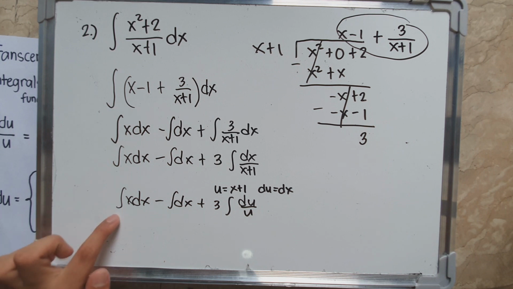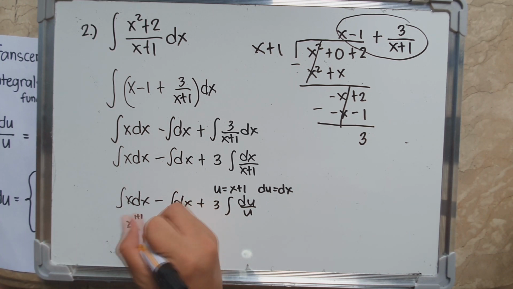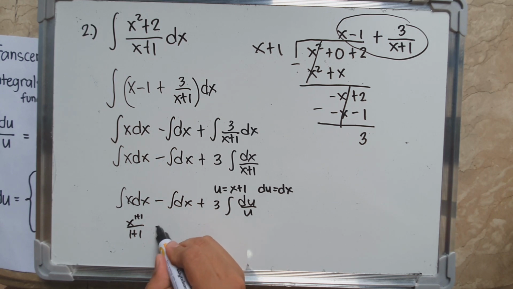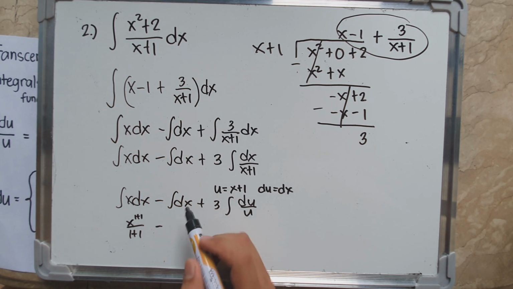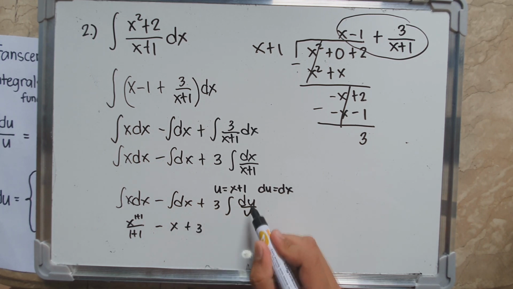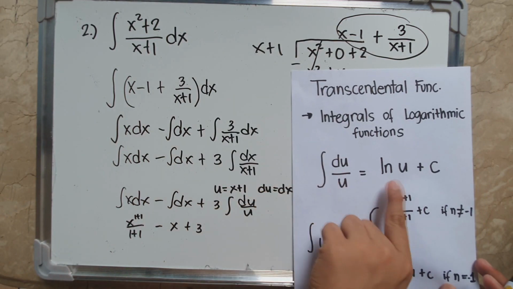Integral of x dx, power rule, x to the 1 plus 1 over 1 plus 1, minus integral of dx is x, plus 3 integral of du over u, that is ln of u.